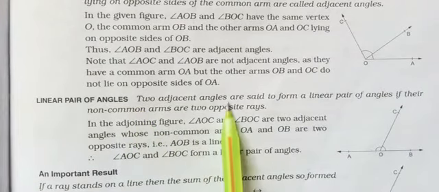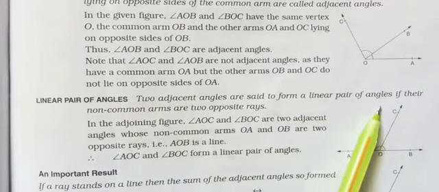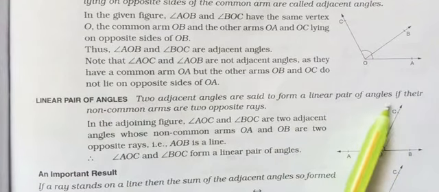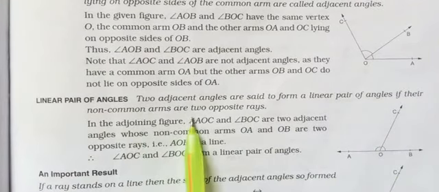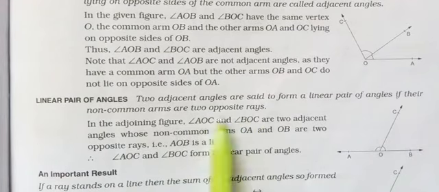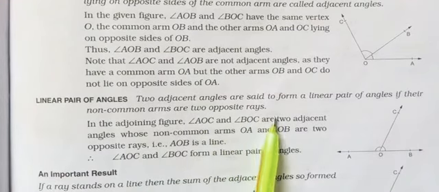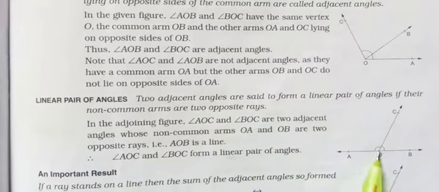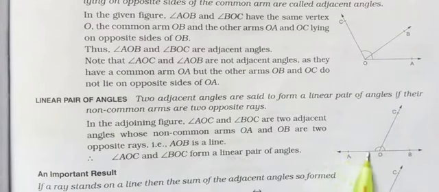Two adjacent angles are said to be a linear pair if the non-common arms are two opposite rays. Non-common arms being opposite rays means, look at the picture. These are the non-common arms, OA and OB, and they are in exactly opposite directions. And this is my common arm.